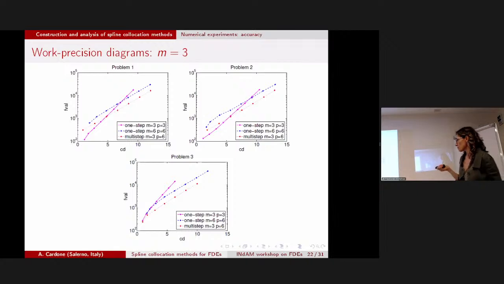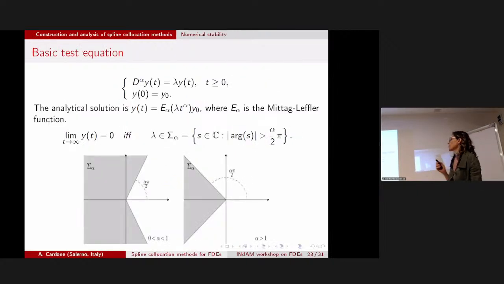And more recently, we devoted our attention to the study of the numerical stability of those classes of methods. And so we considered the basic test equation in the context of fractional differential equations. The solution vanishes at infinity when the parameter lambda belongs to the set sigma alpha.